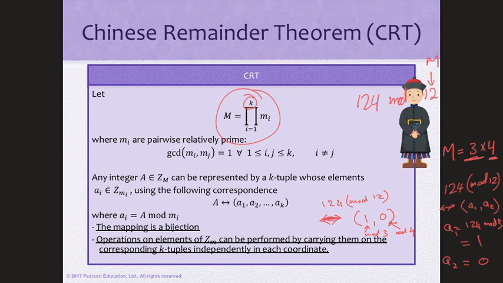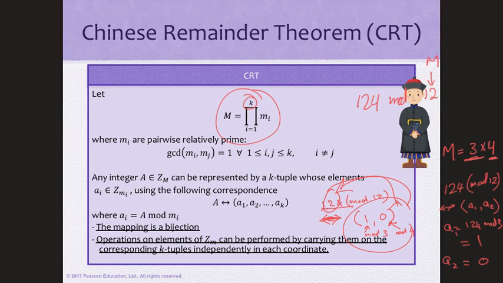And that mapping is a bijection, which means that it's unique. If you take those two and you map them back, you always get 124. If you take the 124 and you map it, you'll always get the 1 and 0. You will never get the 1 and 0 mod 3, mod 4 for any other number other than 124 mod 12. So basically, it's one-to-one.